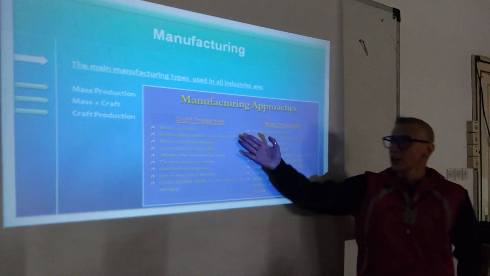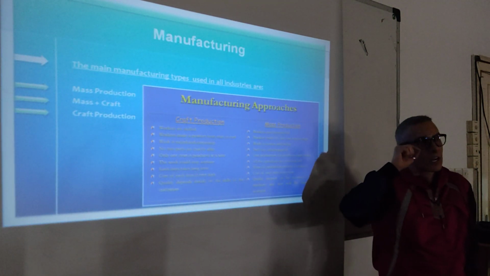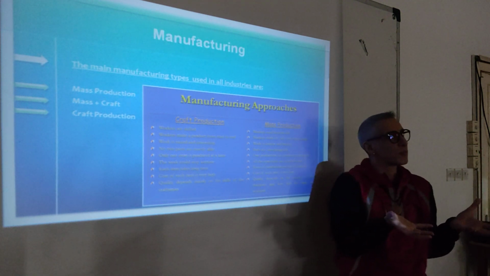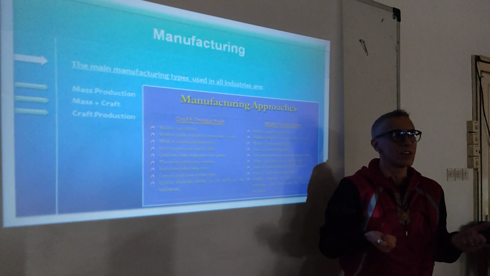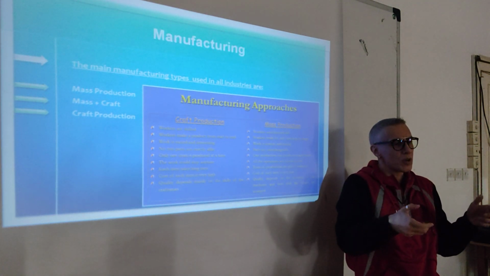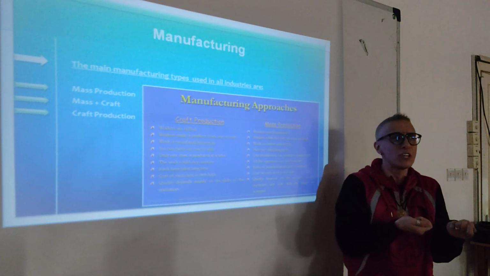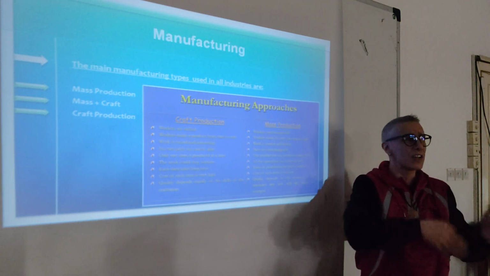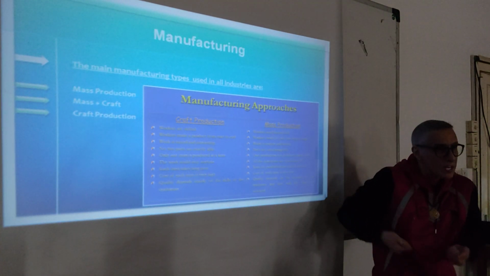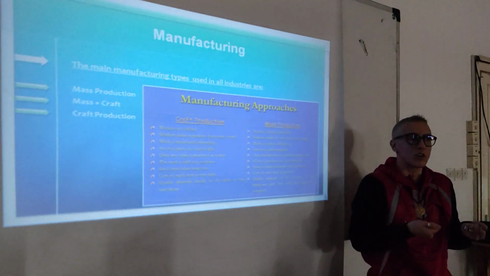Also in craft production you will find smaller workshops, like you've maybe seen here in downtown, where someone has a small workshop with some simple wood cutting machines, half of the job done by hand, half with machines, but still the worker himself is doing the majority of the work.